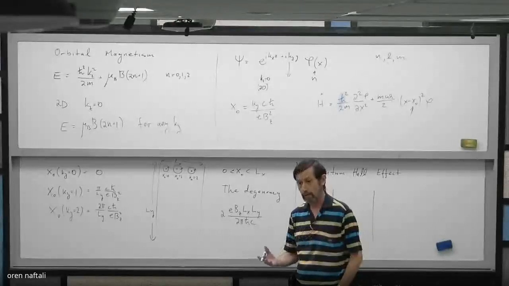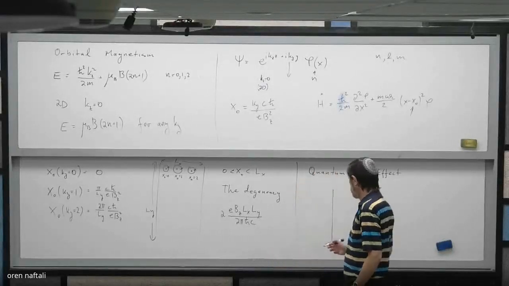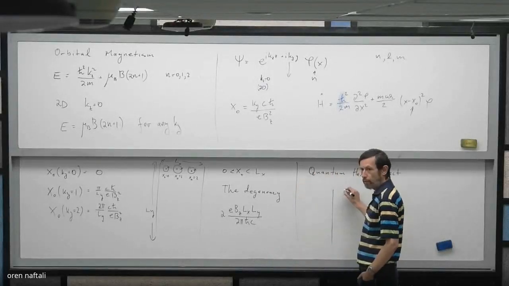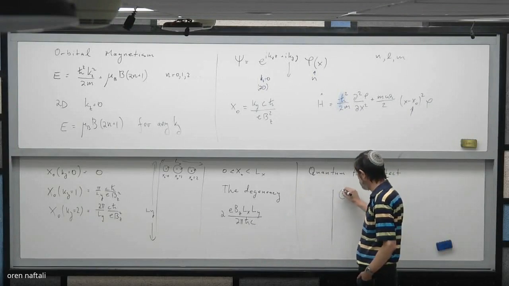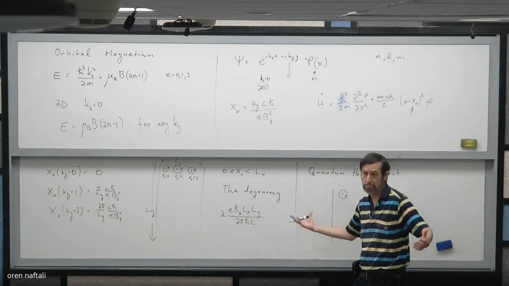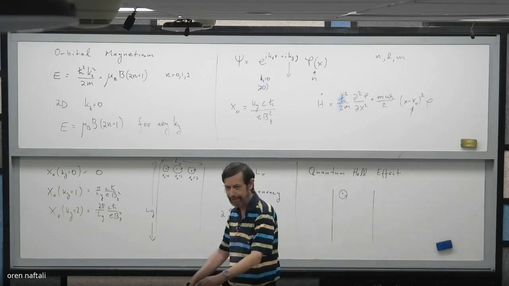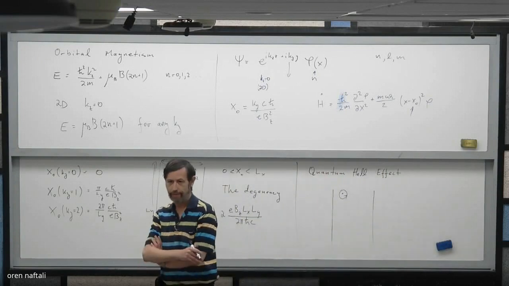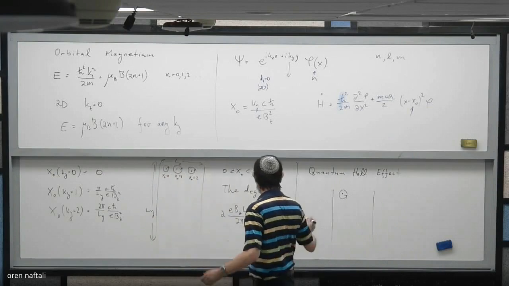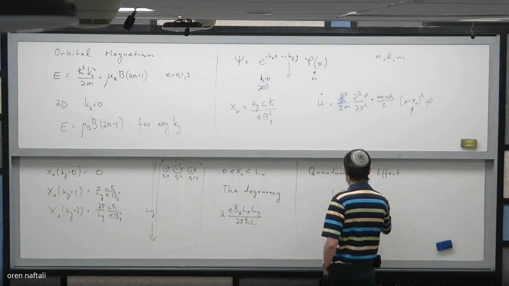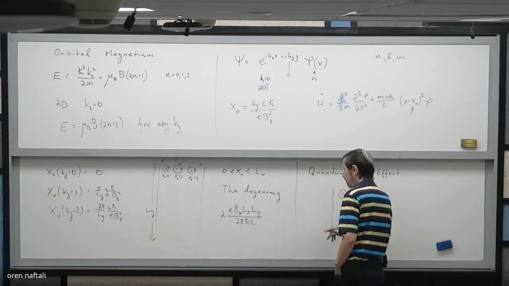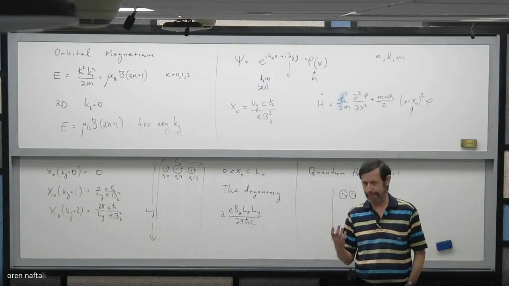Simple answer is nothing. Why? Because whatever was the initial velocity, it goes around and nothing propagates. And that is correct for all states that are in the bulk of the material.